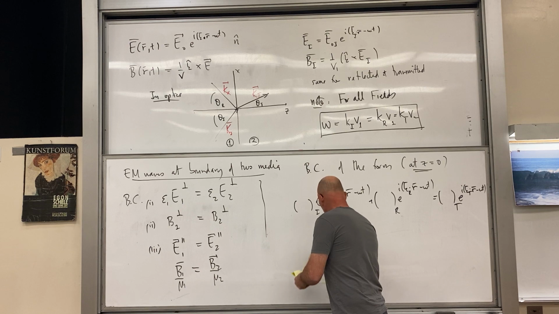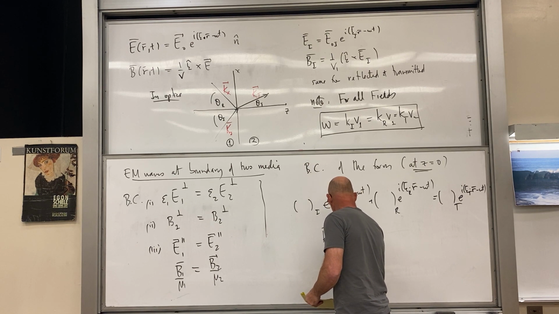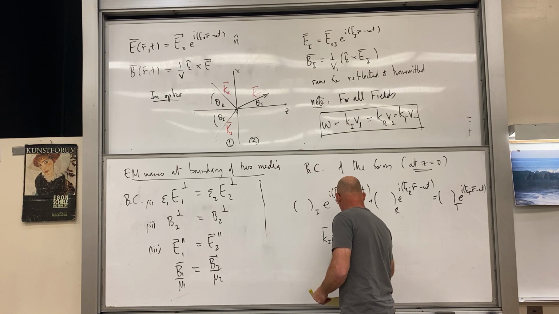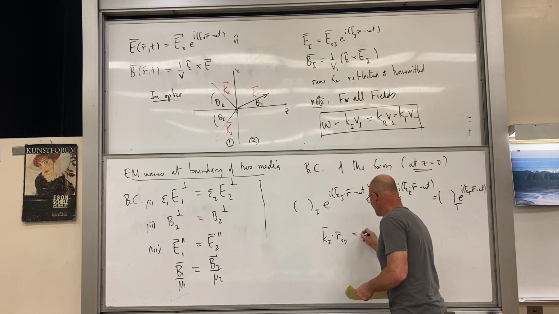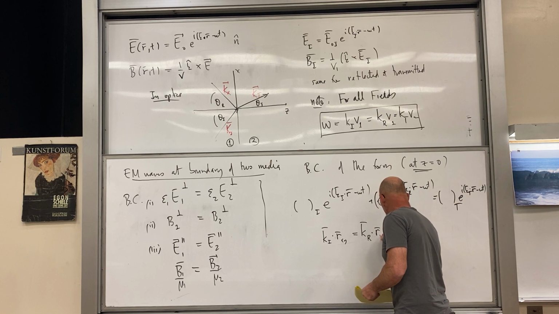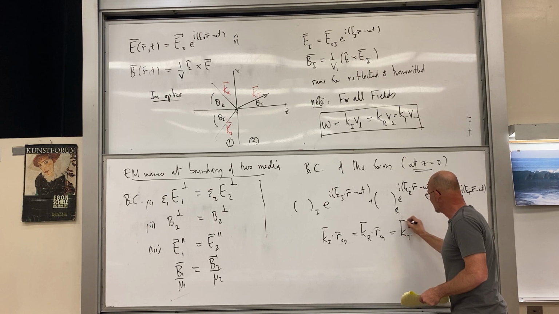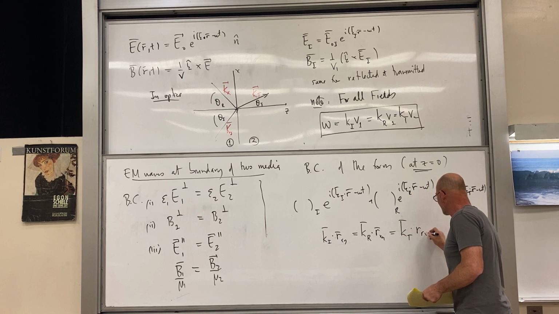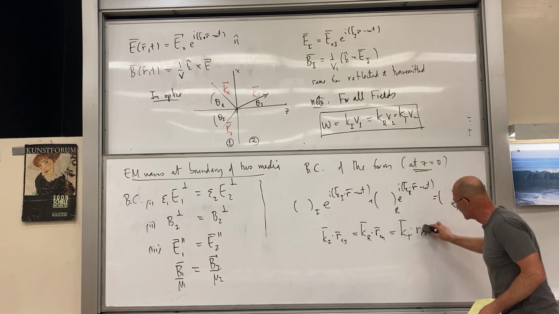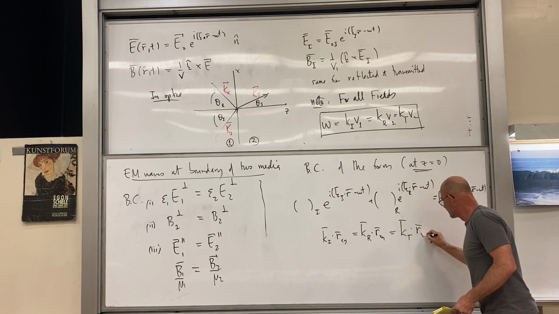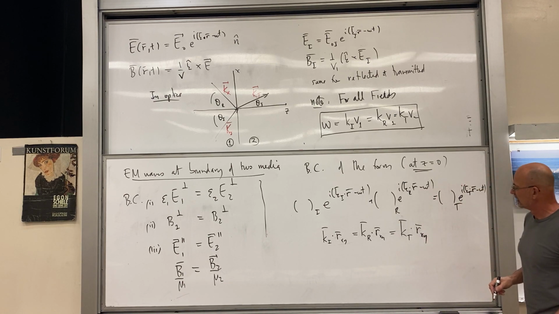At z equals 0, we have k incident dotted into r sub xy equals k reflected dotted into r sub xy equals k transmitted dotted into r sub xy.